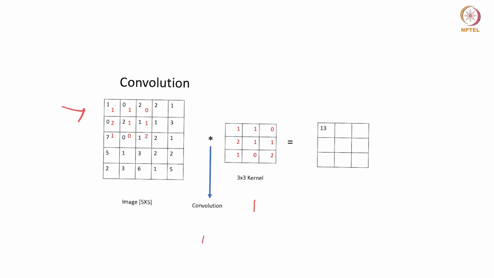Just to write this down, it's 1 times 1 plus 0 times 1 plus 2 times 0. That's the first row. Again, the second row of computation, so on and so forth. Third row plus 7 times 1. This is the third row of computation. Plus 0 times 0 plus 1 times 2. That will give you 13. Okay. So this is the computation. This is the convolution, the way to understand convolution as it happens in a CNN.